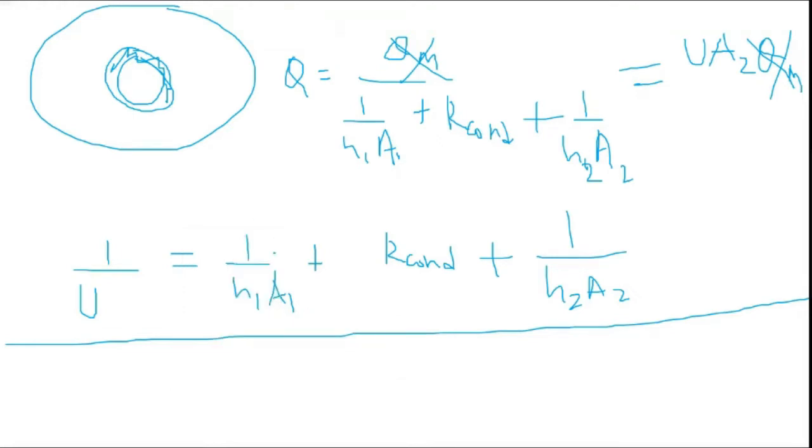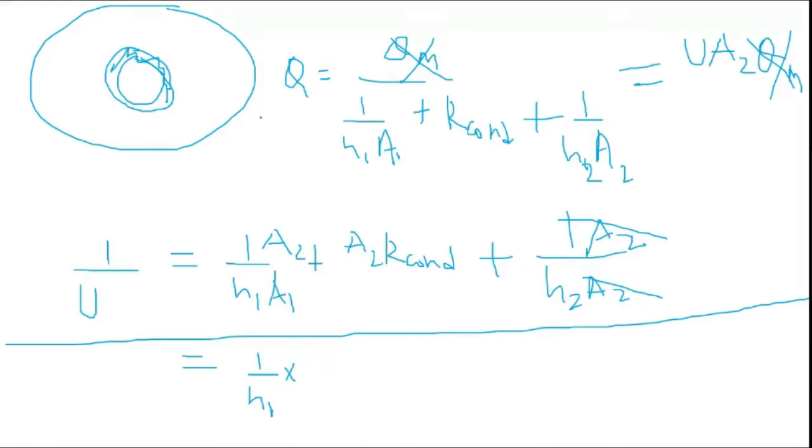So this value will become 1 multiplied by A2 divided by H1A1. Here also this thing is multiplied by A2, and here also. When we do this, the A2 terms get cancelled, and we get U equal to 1 by H1 multiplied by A2 by A1.